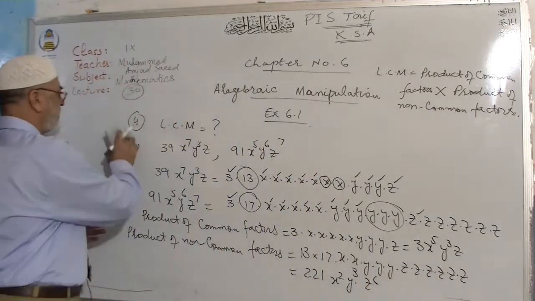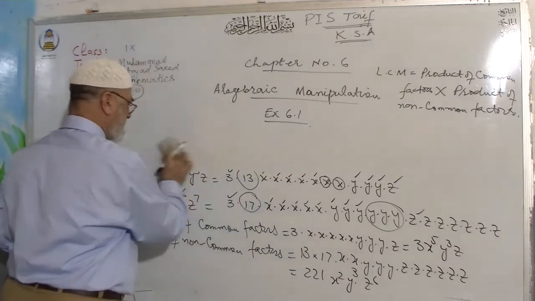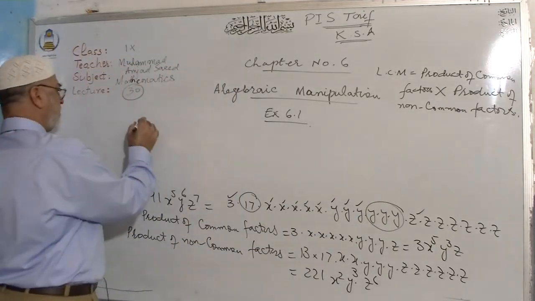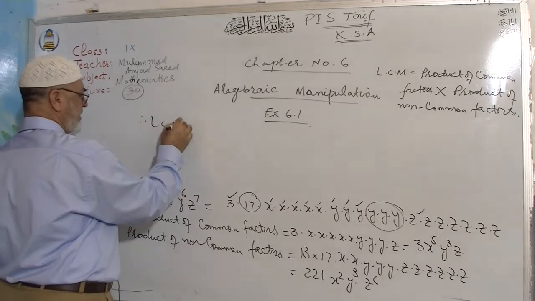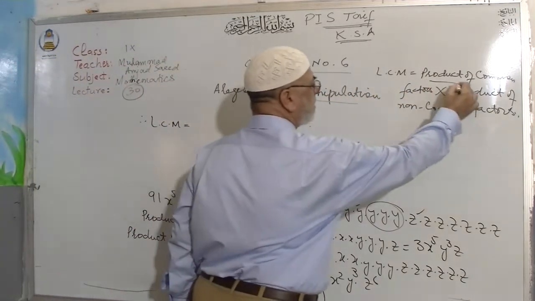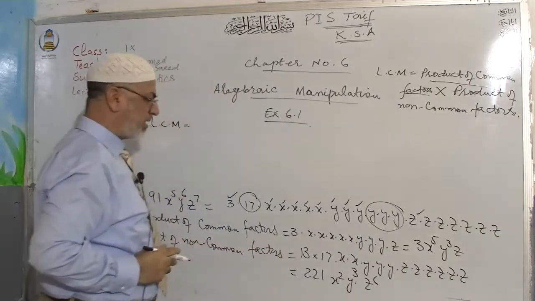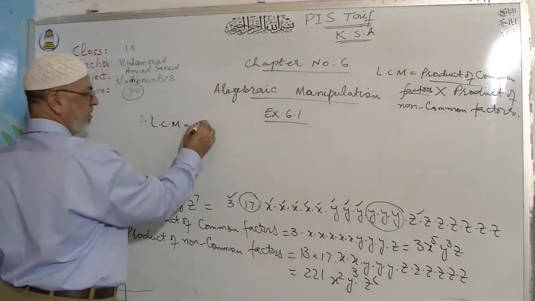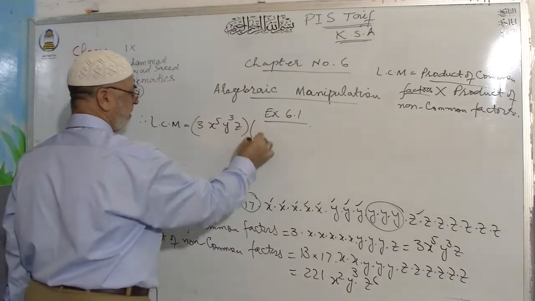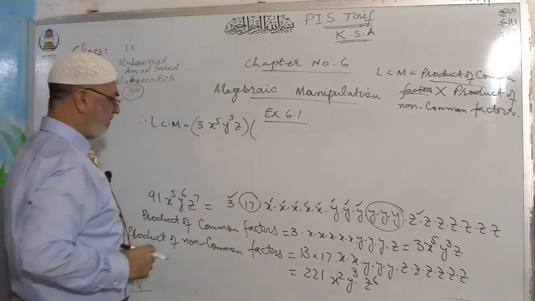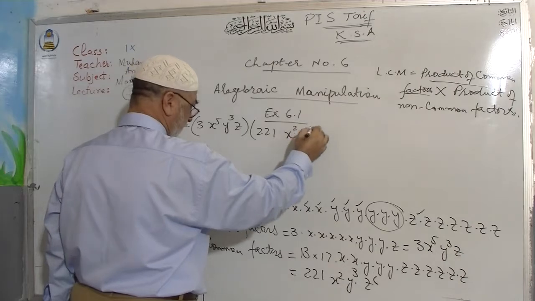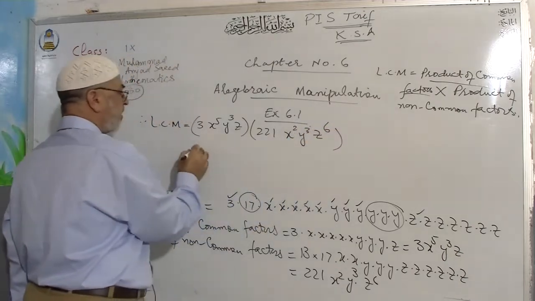After that, I am writing the answer. What is LCM? Therefore, LCM is equal to product of common factors. What are the product of common factors? 3x5y cube z into product of non-common factors 221 x square y cube z6.